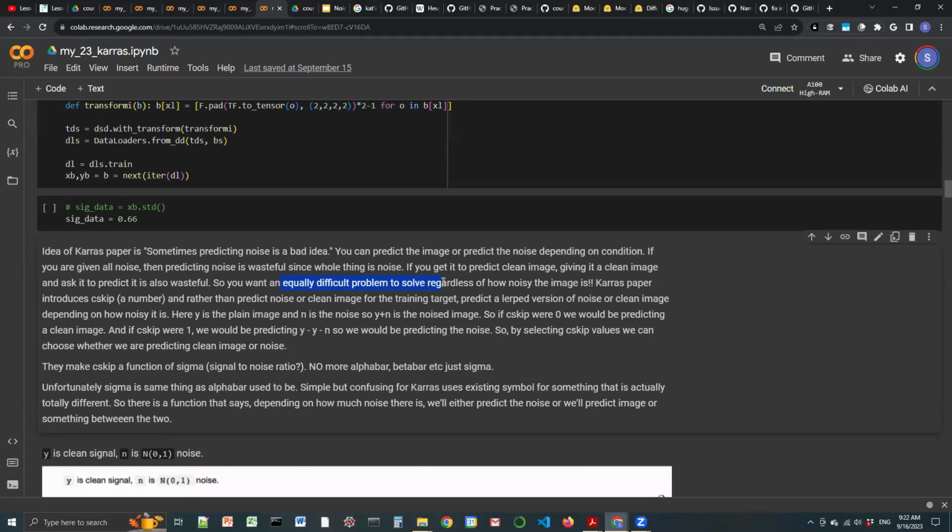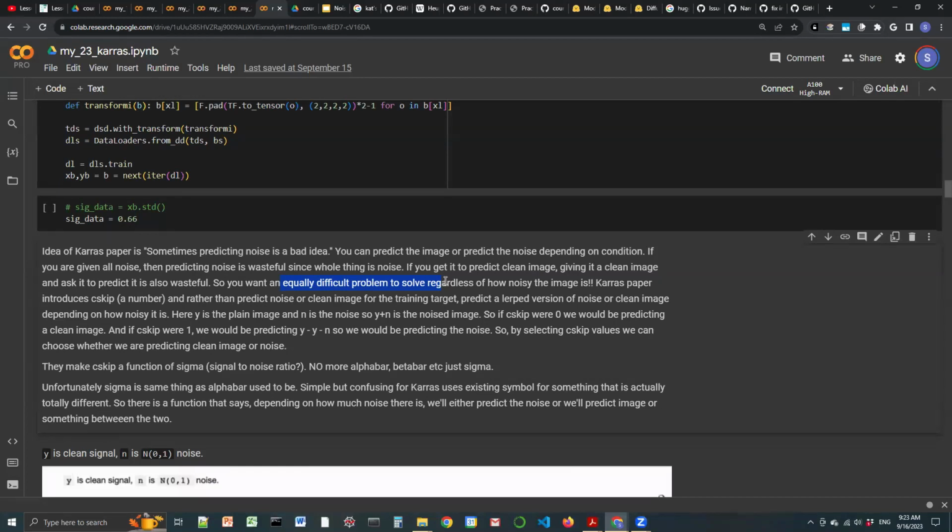So what you want then is the model to predict sometimes an image and sometimes the noise, depending on which is the more challenging problem to solve. That way you'll ensure that the model is learning something valuable. Because if you're predicting noise when most of what you are adding is noise, it's wasteful.